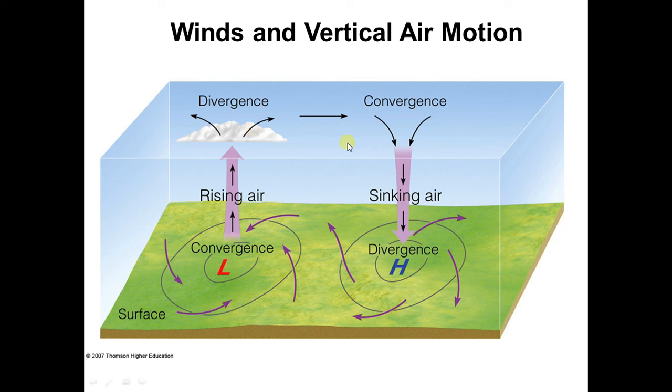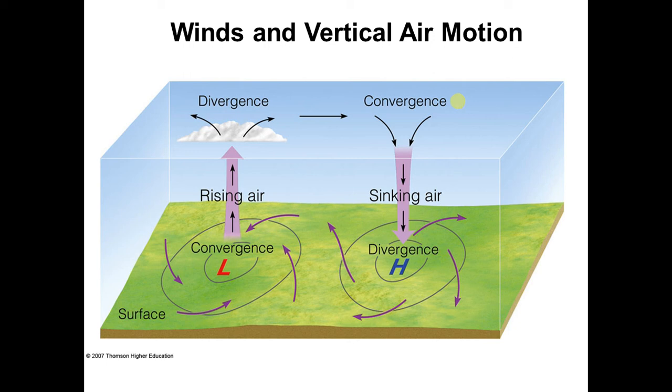For a surface high, in the northern hemisphere, the winds blow clockwise and outward, and so, as you can understand, the air has to sink above the high, because that air that's blowing clockwise and outward has to originate from somewhere, right? There has to be air coming down to replace it, or you can think of it that way. So in order for that to happen, there has to be air coming together in the upper levels.